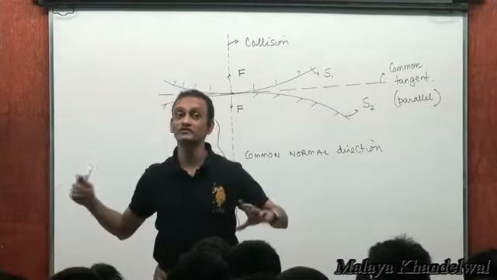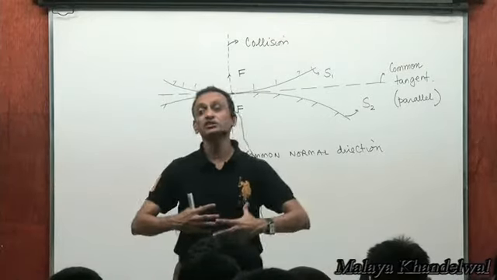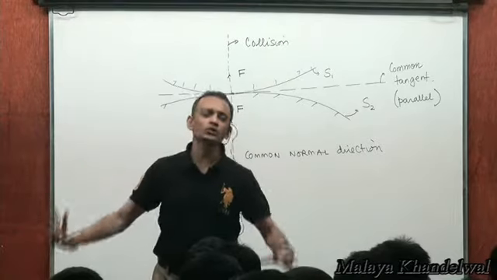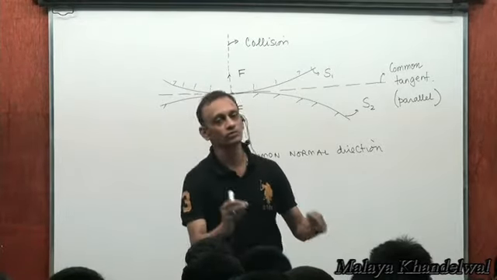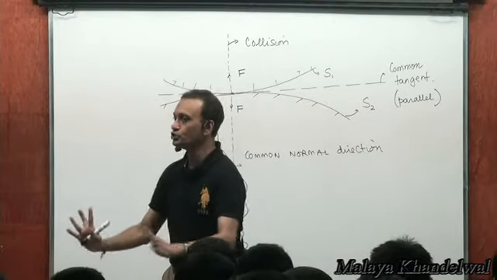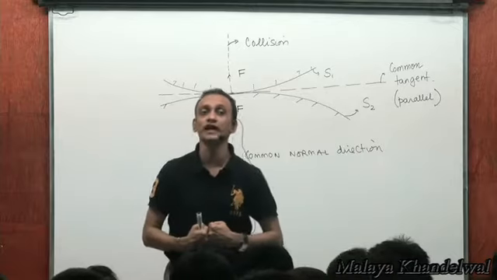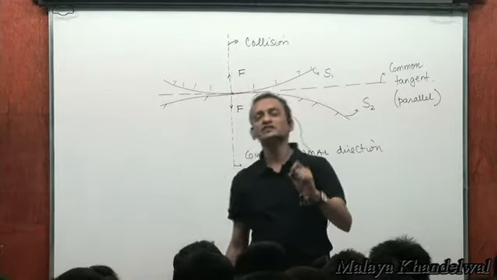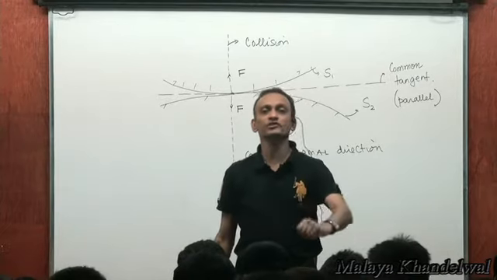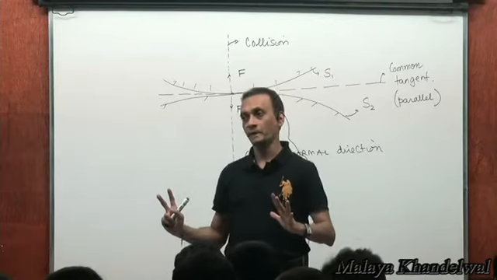Forces that surfaces would exert on each other when they are not in contact, that means action at a distance forces, we will not look upon as falling within the jurisdiction of collision. So we would assume that the surfaces are in actual physical contact and exerting forces on each other in this direction. That event, if taking place for a very short time, is referred to as collision, right?